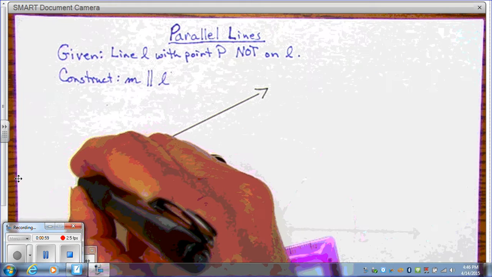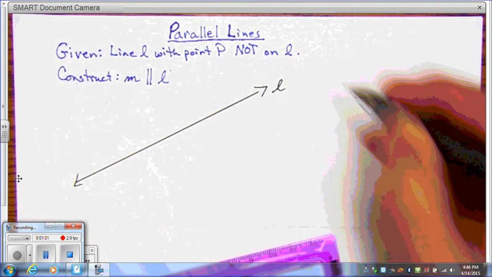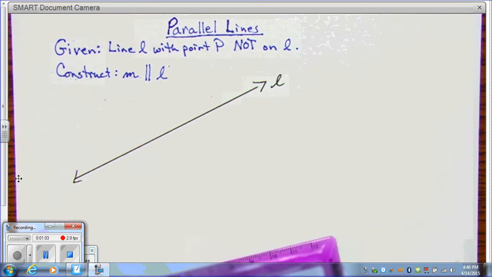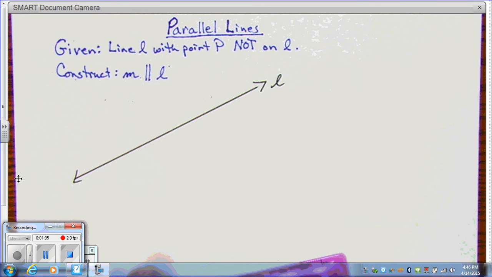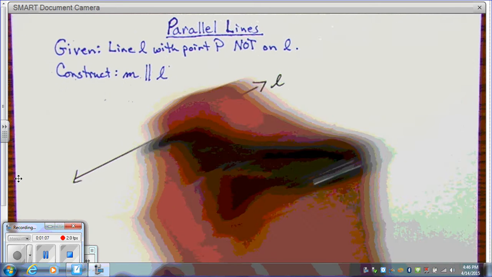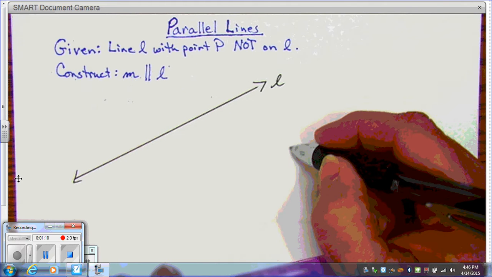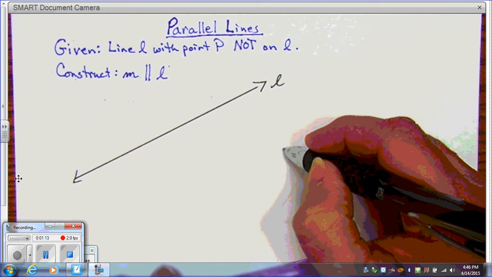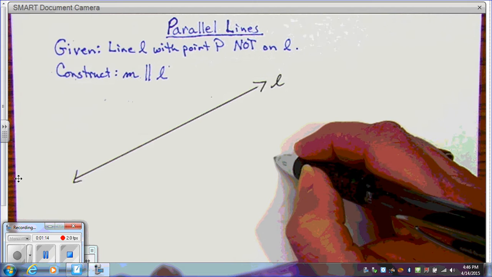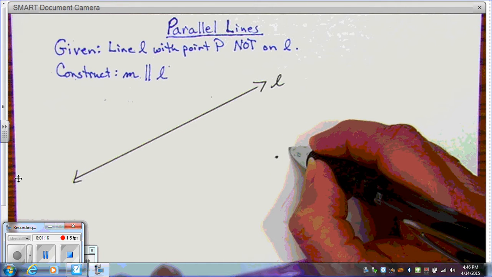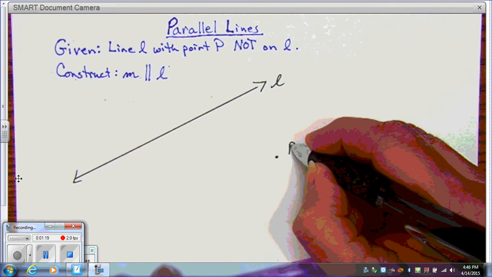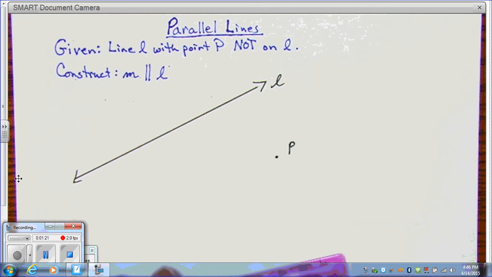This is going to be our line L. And then it says a point P that is not on L. Now, that just means, not there. And I want you to move over in this area somewhere and just put a point P. Okay? So we have line L and point P not on L.